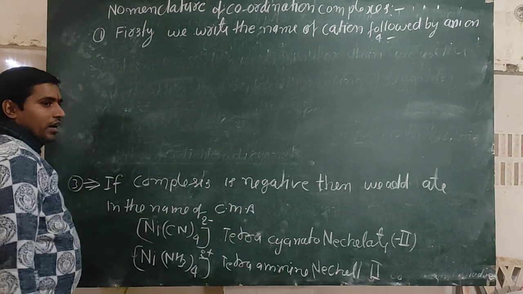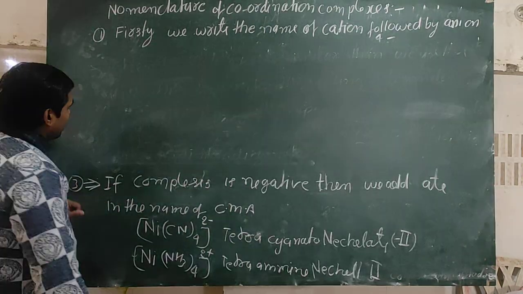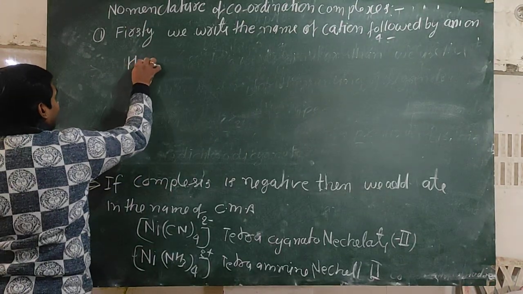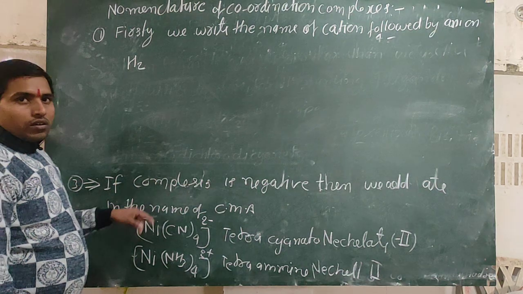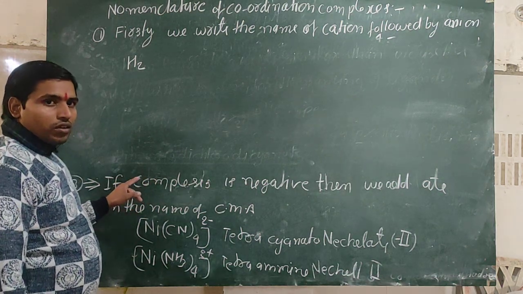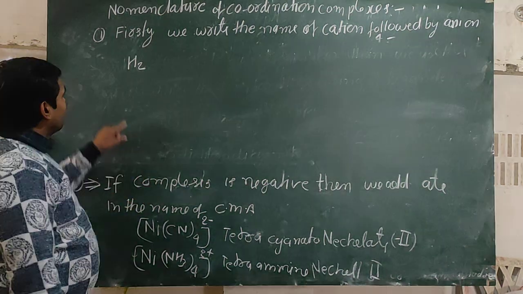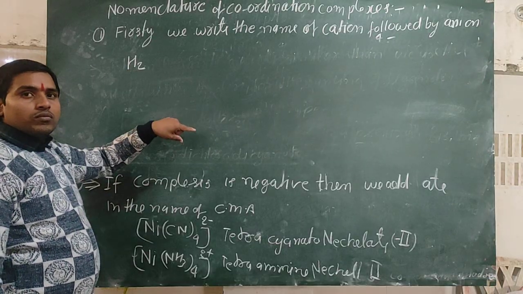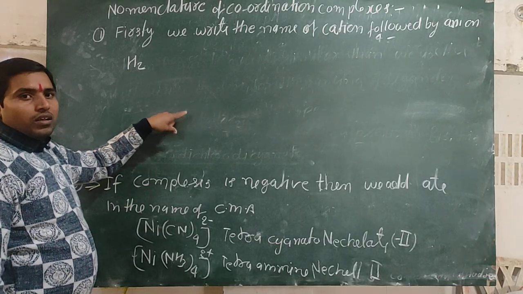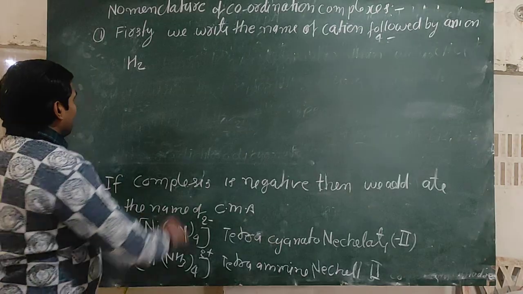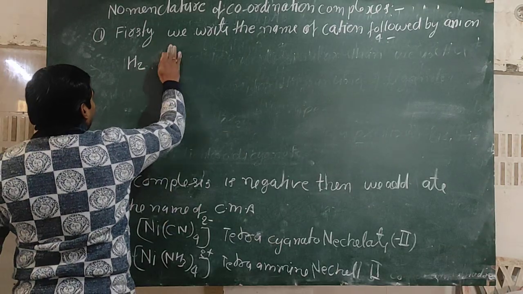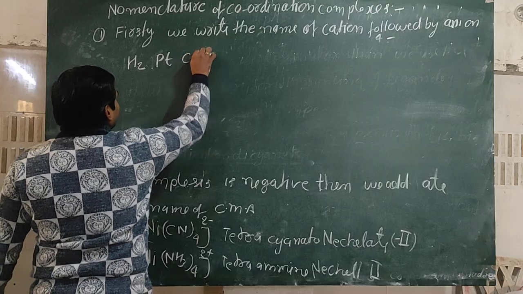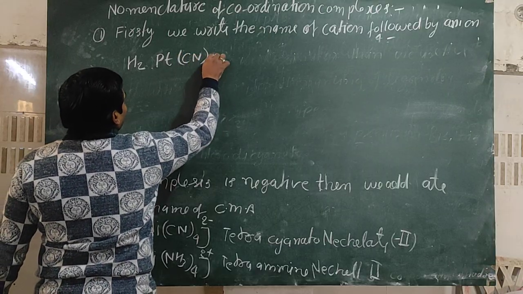Next rule is that if any complex compound has a hydrogen atom in its ionization sphere, then we never write the name of hydrogen. We use IUM instead of ATE for the central metal atom, like H2[Pt(CN)4].